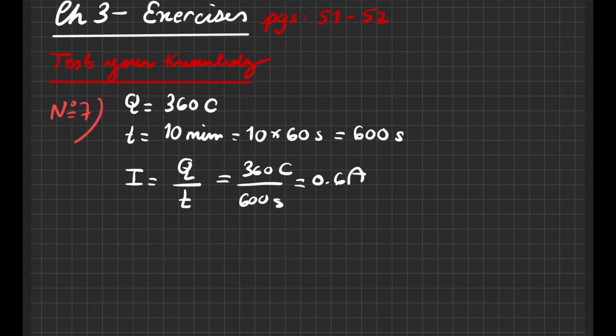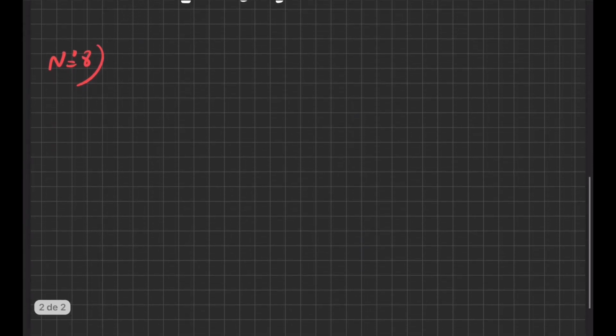And what's the unit of the current? It is ampere. So we have a 0.6 ampere current. Now move to number 8.